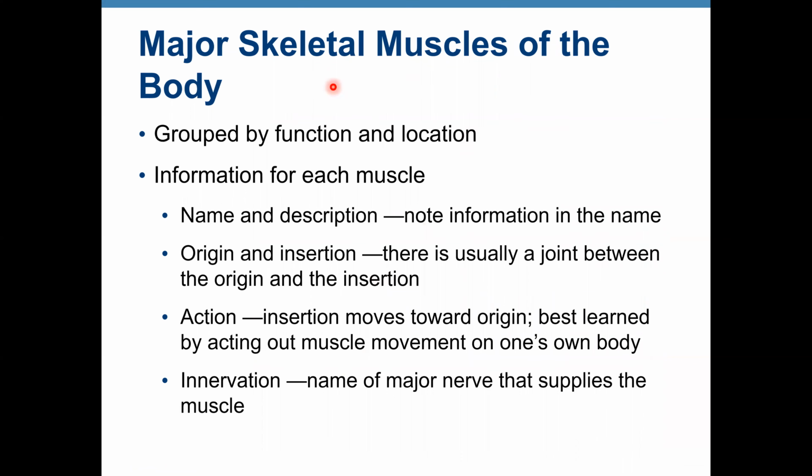Okay, so now the major skeletal muscles of the body. We have around 650 muscles, or sometimes in some textbooks even more. Why do we have so many muscles? Well, because muscles are located in layers.